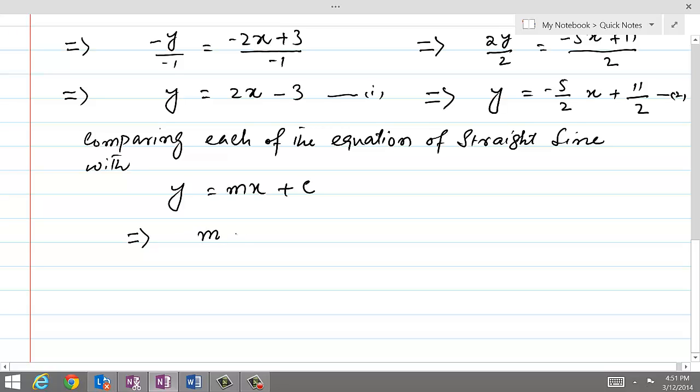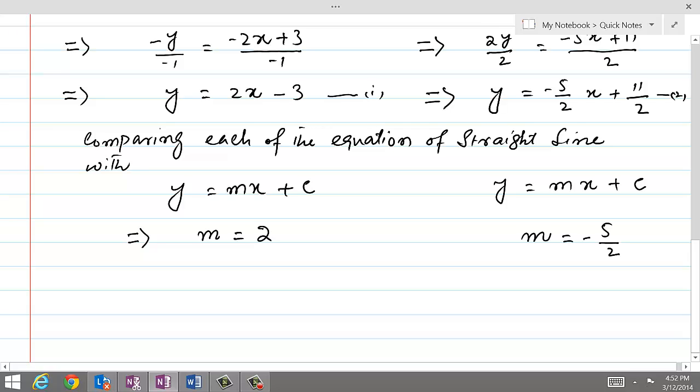So m is equal to 2 for first line of the system, and similarly when we compare this y with mx plus c, the value of m we get here, m is equal to minus 5 over 2.